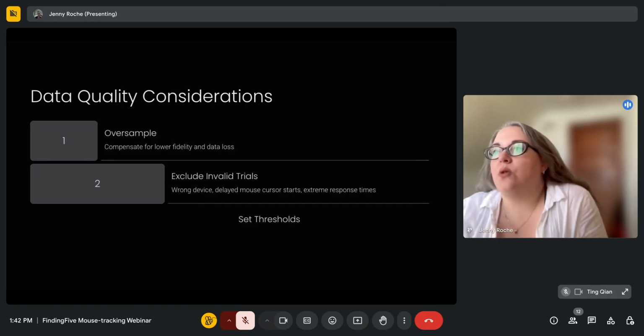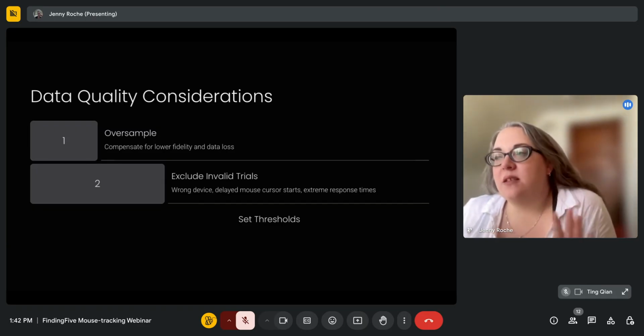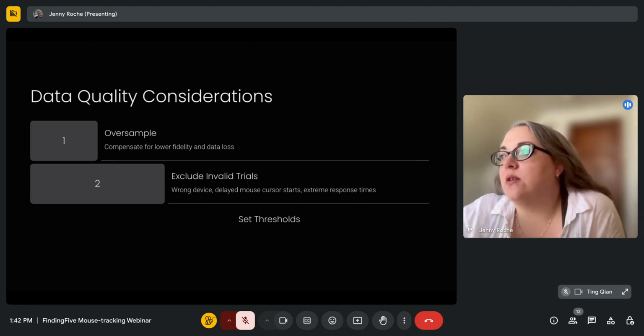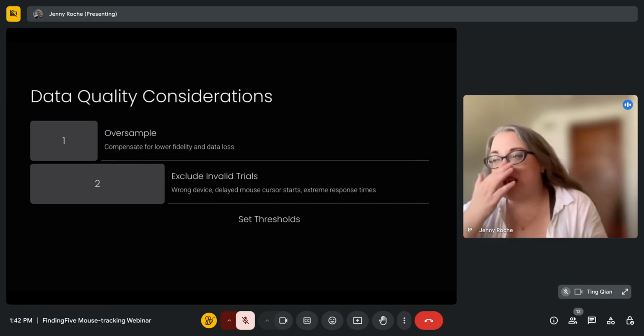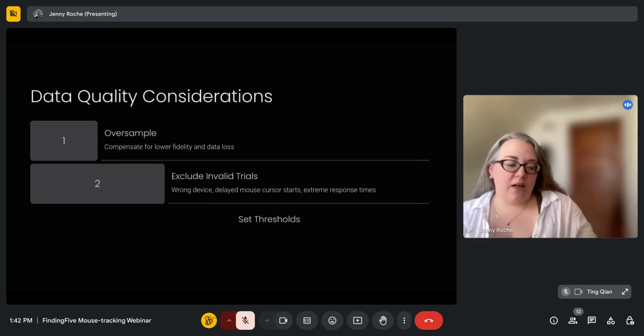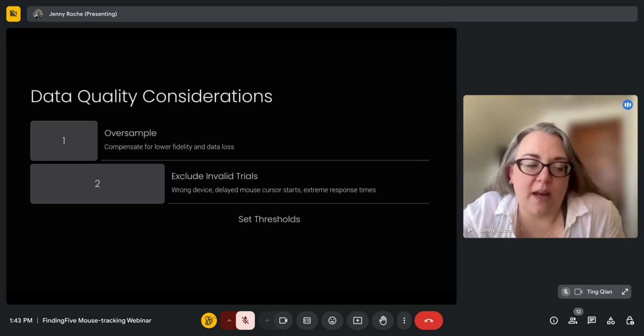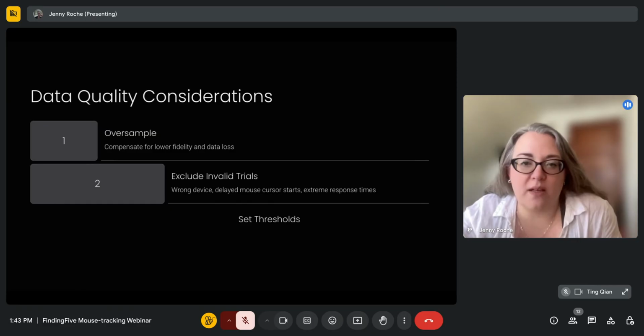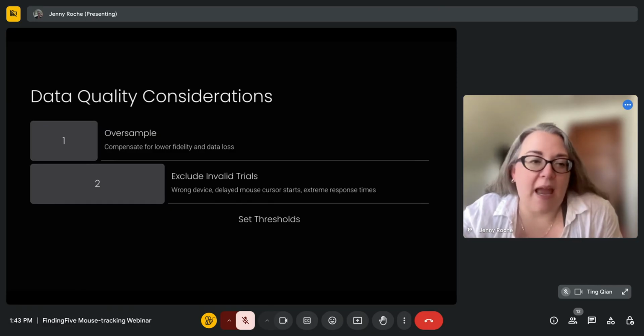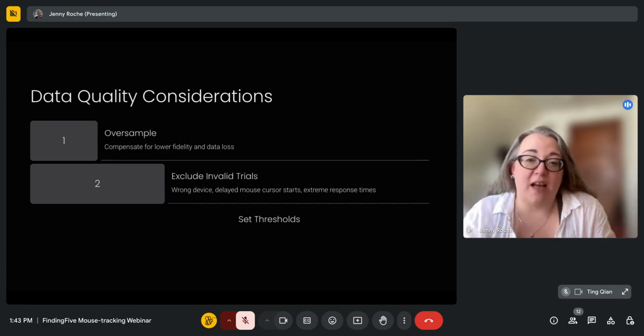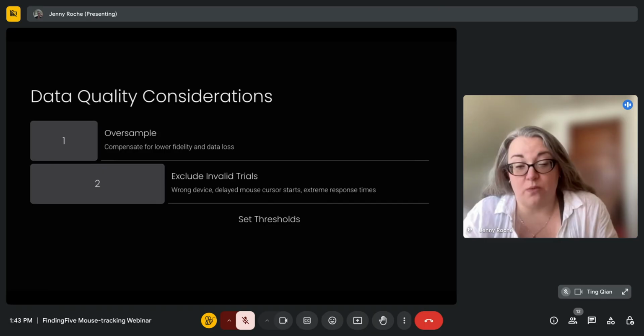Also, we want to make sure to exclude invalid trials: those where they're using the wrong device, delayed mouse cursor starts, or extreme response times. It's super important when you're doing any of this mouse tracking that you check the initiation times as well as the trial response times. For anything longer than a couple of seconds for their response, I would not really go past 5 seconds to give them to respond.